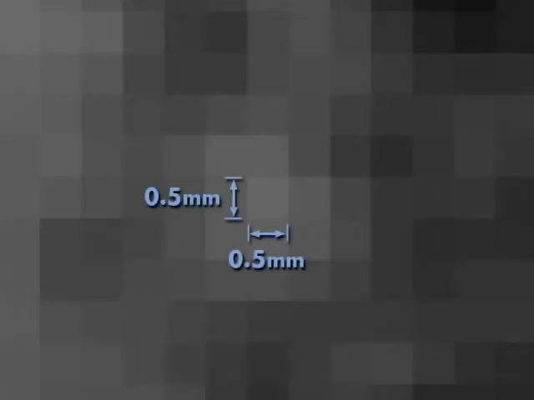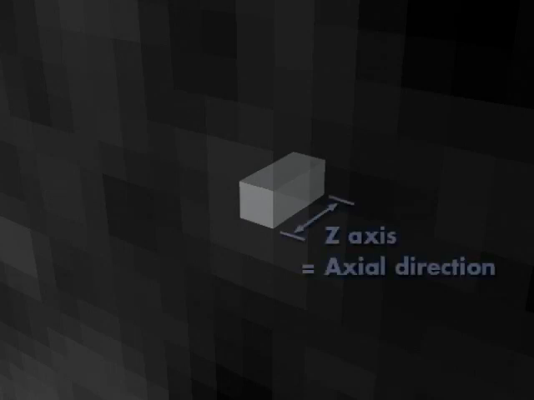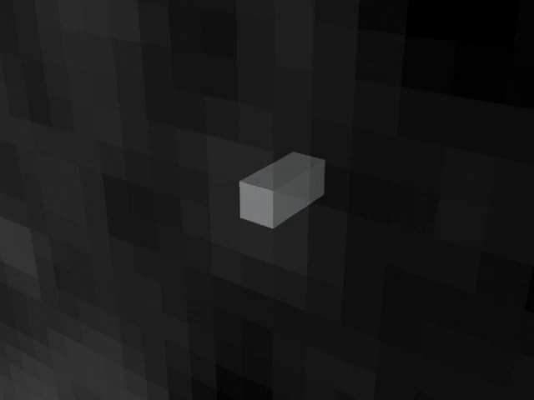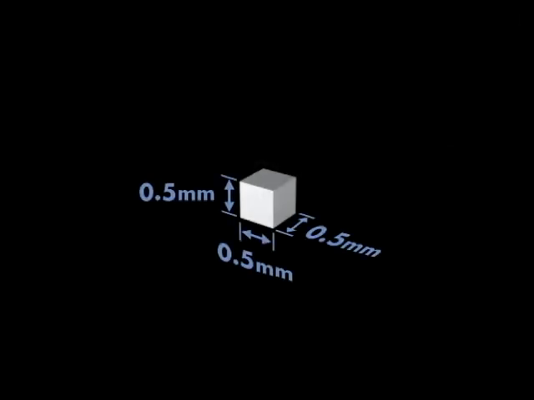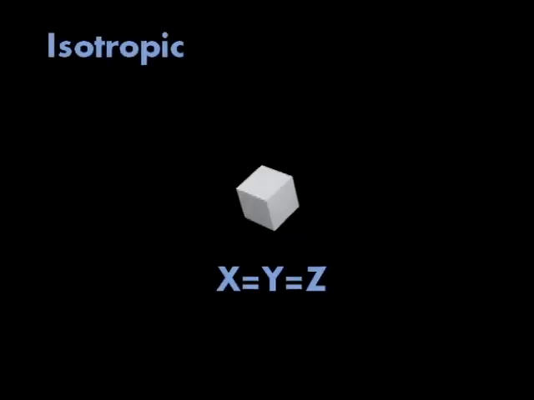This XY plane is the basis of resolution in the axial plane. Sagittal and coronal resolution are determined by the slice thickness in the Z, or axial direction. If that slice thickness can be reduced to a ½ millimeter, the X, Y, and Z directions will become equal, or isotropic.